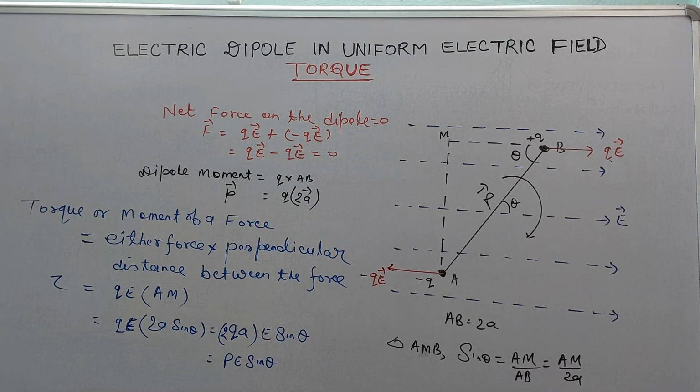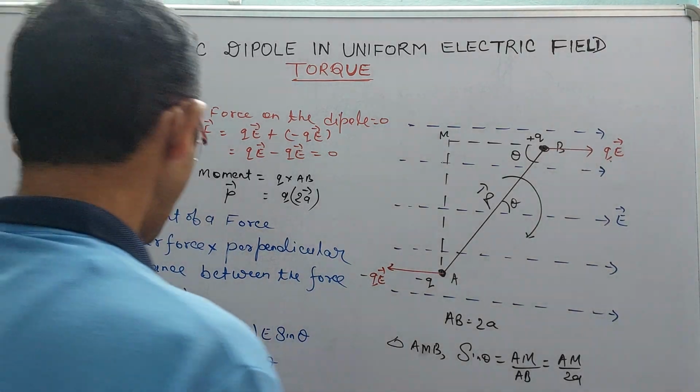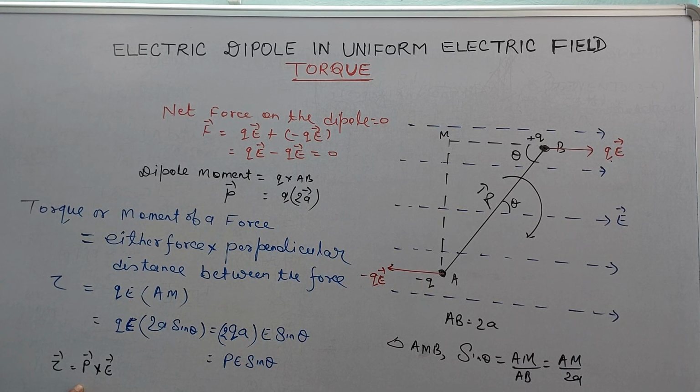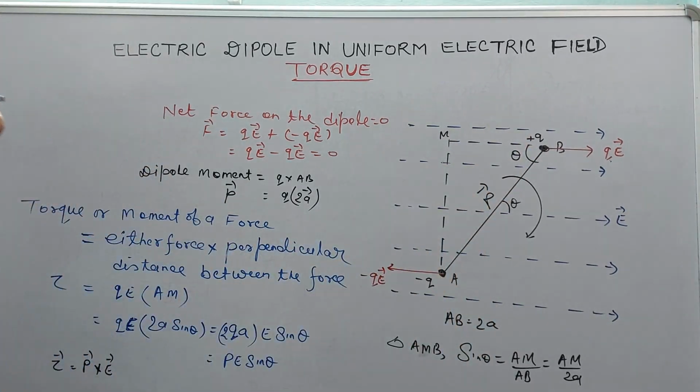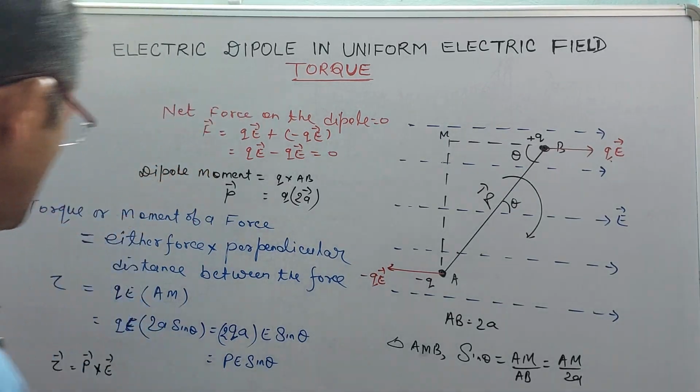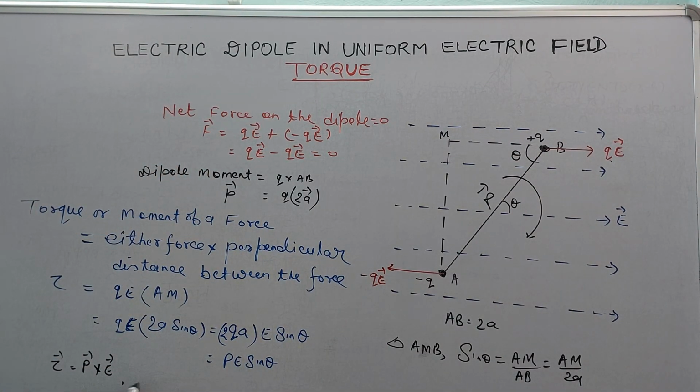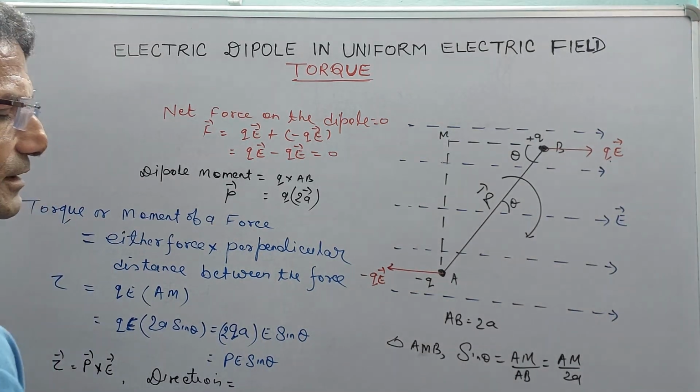This is the magnitude. In vector format, the torque will be p cross E, because the dipole moment and the electric field are both vector quantities. The direction of the torque p cross E, if I find it by the right hand rule, will be inward, normal to the whiteboard.